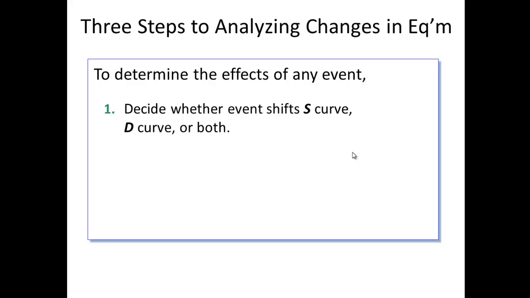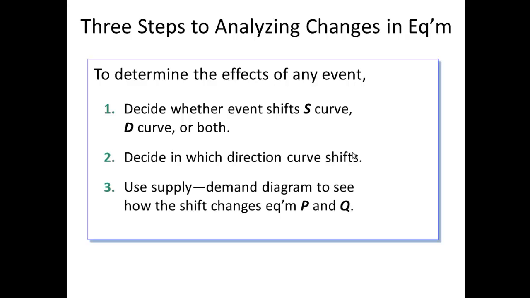When we have a change in a factor other than price, that change will cause the supply curve and/or the demand curve to shift. And when the curve shifts, that changes the equilibrium. Remember, the equilibrium is the point of intersection between supply and demand, and when we change it, there are some effects or consequences.